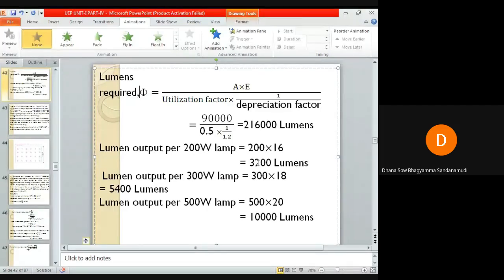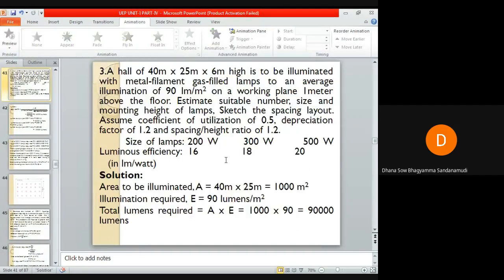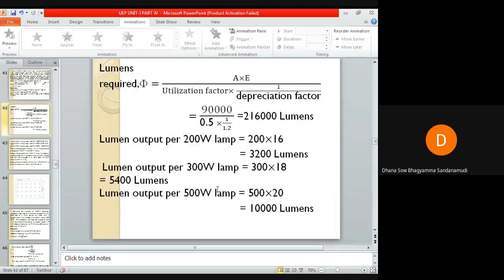Lumen output per 300 watt lamp is 300 into 18, that is 5400 lumens. Lumen output for 500 watt lamp is 500 into 20, that is 10,000 lumens. These values are already given in the problem.